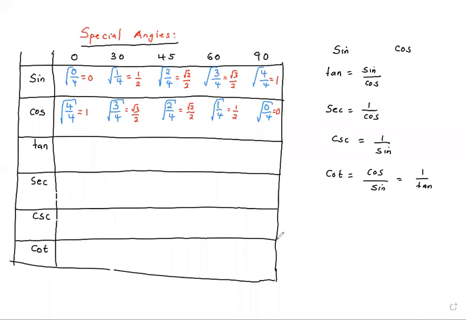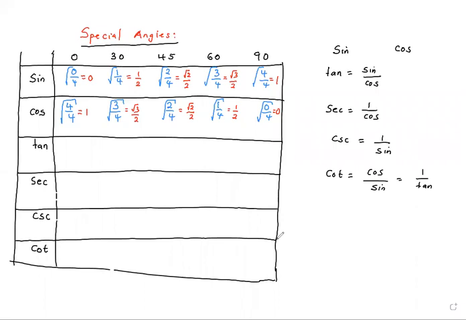Do we have questions here? Yes, sir. On sine 45, you've written the square root of 2 over 2. When I do that on my calculator, it's giving me 0.7.